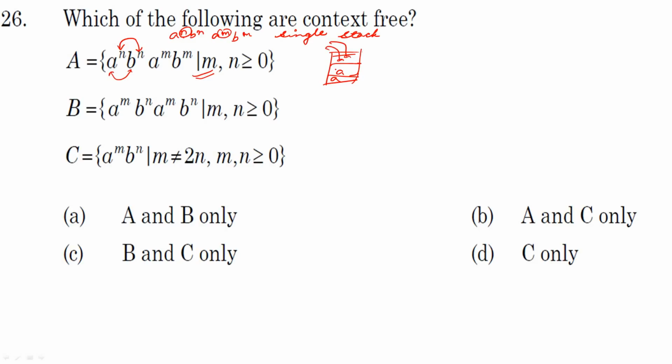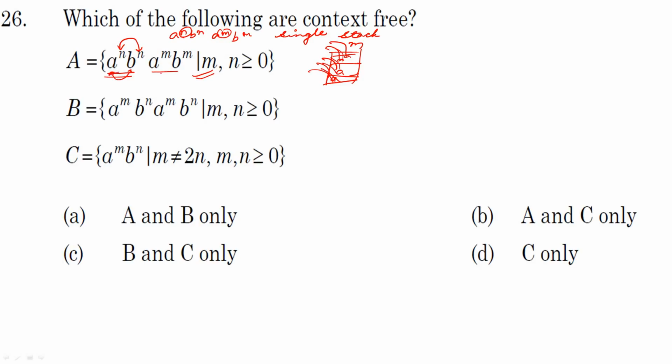So for 1 b, 2 b, 3 b, 4 b, up to n b's. After popping, I'll put m number of a's, and whenever there comes a b, I'll pop all a's again.